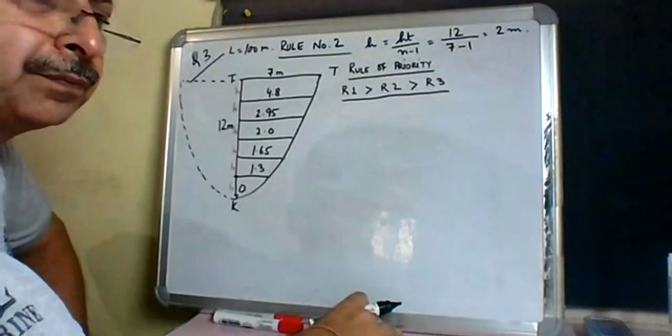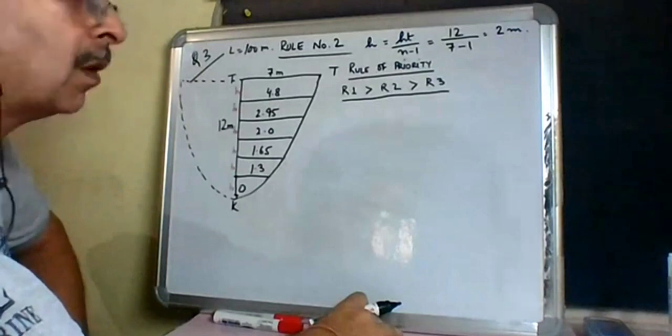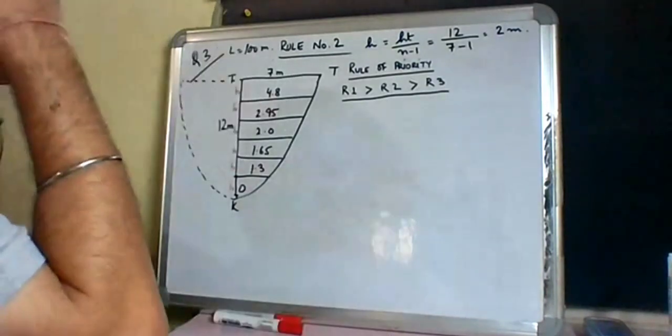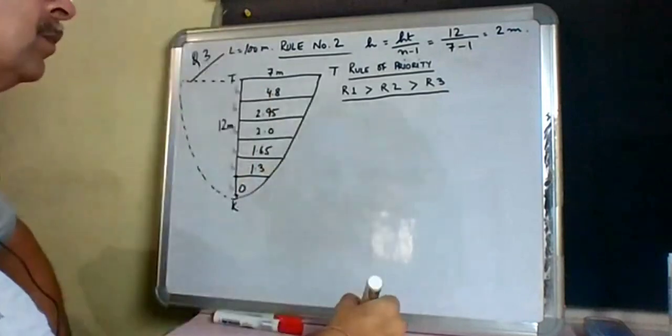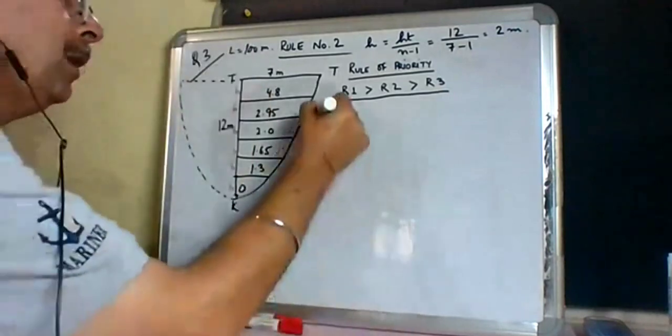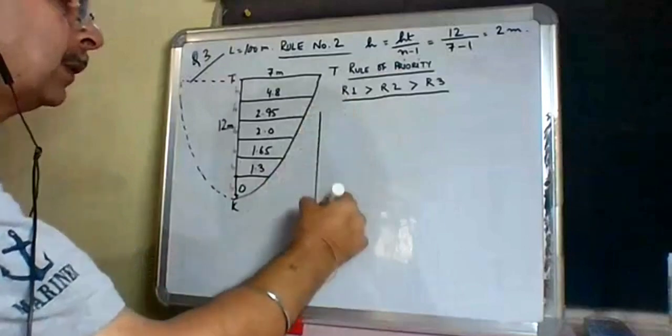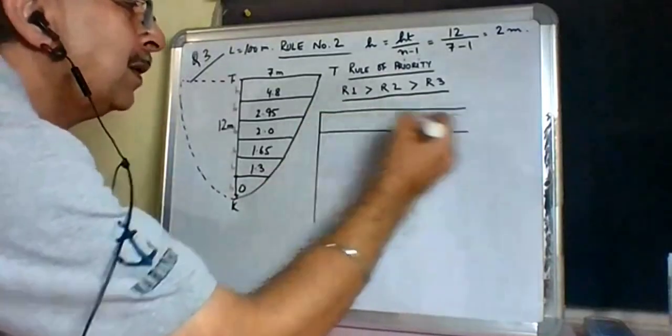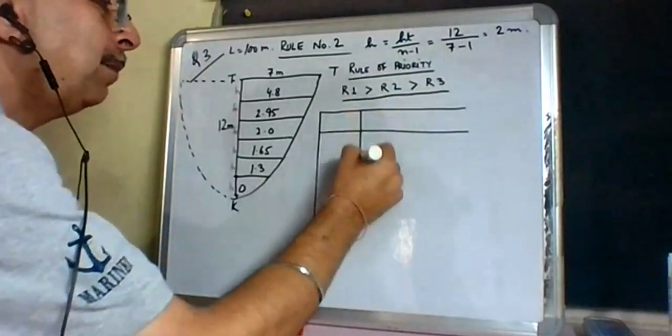Is that okay? Yes, sir. All right. So now I want you to calculate this using rule 2. So make a table using rule 2, because I'm insisting on that so that we get practice of that.